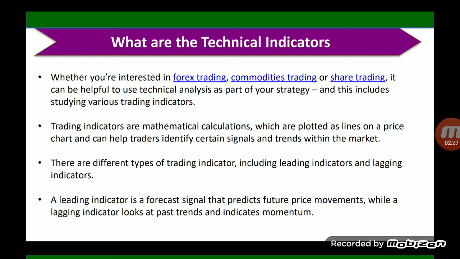So lagging indicators look back and trace the past trends of the prices of securities and shares, and leading indicators are useful to forecast, or get signals, of how price will move in the future.